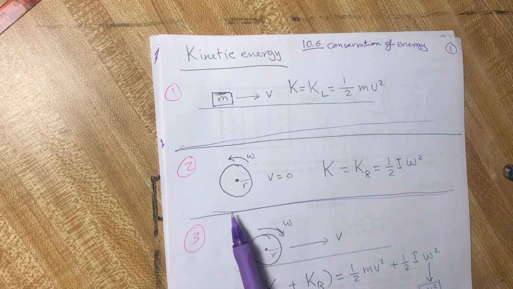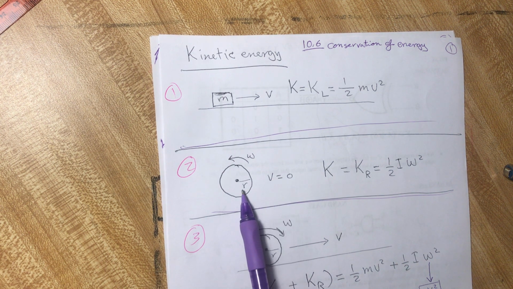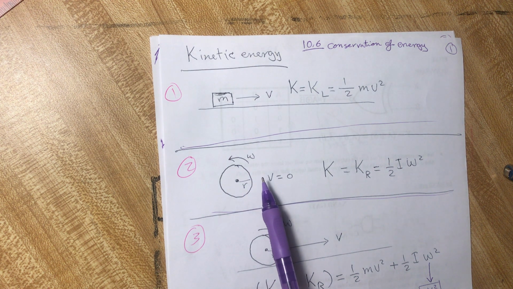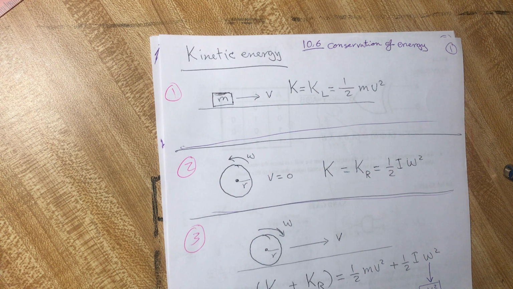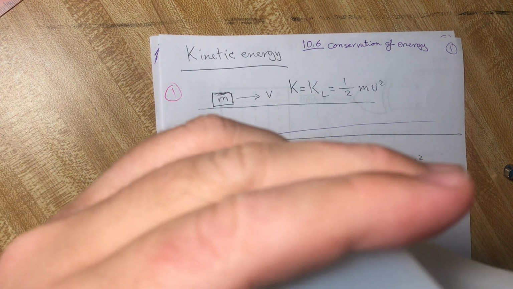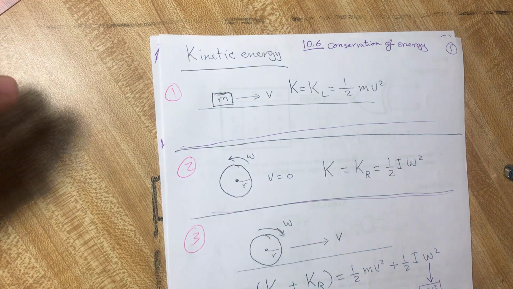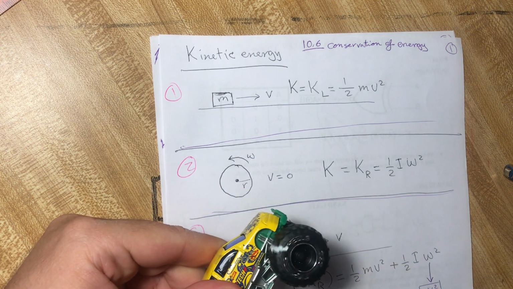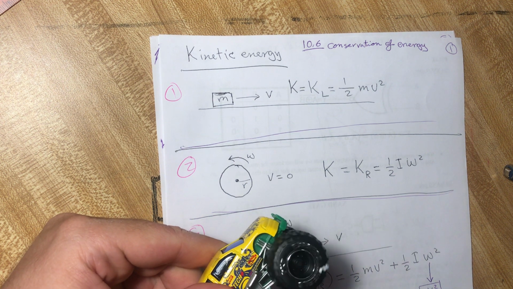What if we have a rotated body? Its linear velocity is 0, its radius is r, and its angular velocity is omega. How much is the kinetic energy? For this example, we are talking just about this rotation. The linear velocity is 0, but it is rotated with omega velocity.